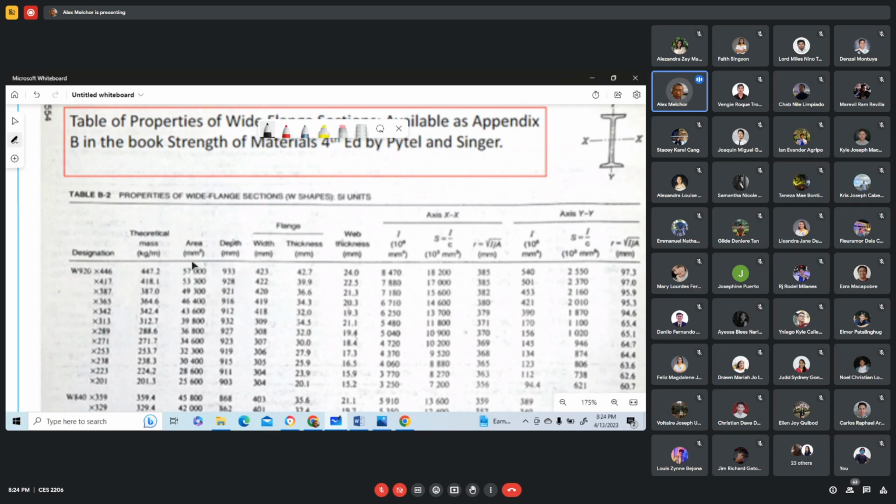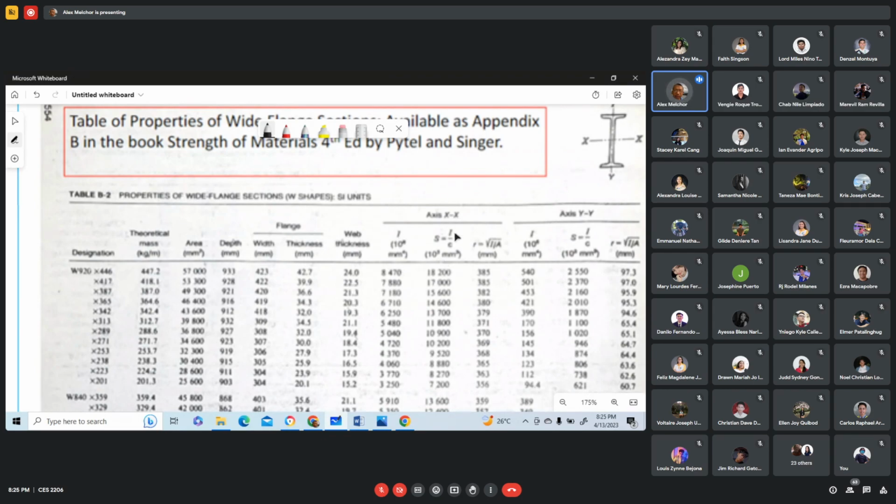And we have here the cross-sectional area given, and the flange width. The flange width here is this. The thickness of the flange is this thickness. Okay, web thickness. The web thickness is this thickness here. And with respect to this axis, XX, you have here the moment of inertia.